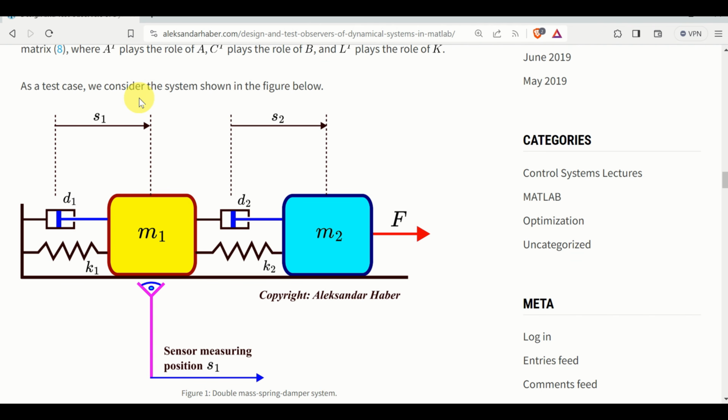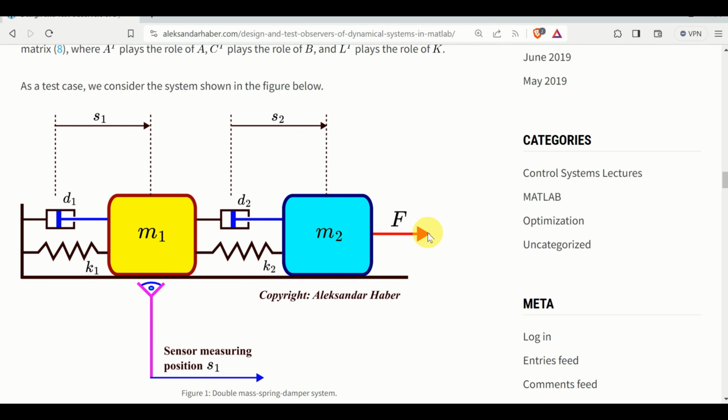Before we start with MATLAB coding, we need to consider a test case. As a test case, we consider this system. The system consists of two objects with masses m1 and m2 that are connected by two springs and dampers. The spring constants are k1 and k2, and the damping constants are d1 and d2.